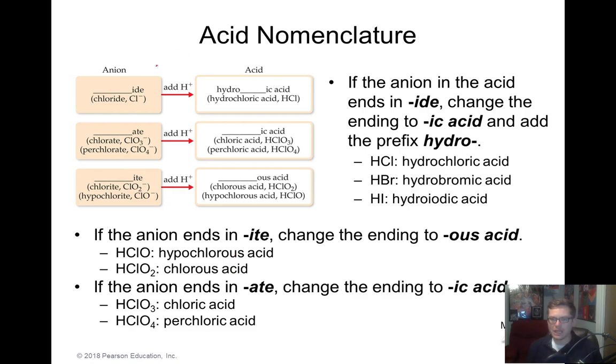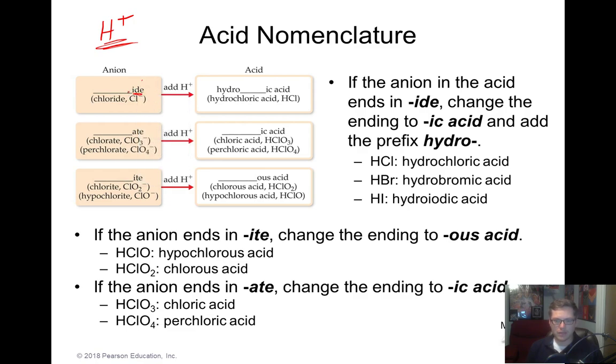All right. You're always going to look at the anion because the cation in an acid is always hydrogen. Okay, that's always your cation in an acid. If your anion that's attached to your hydrogen is an element by itself, it would end in "ide" normally, right?